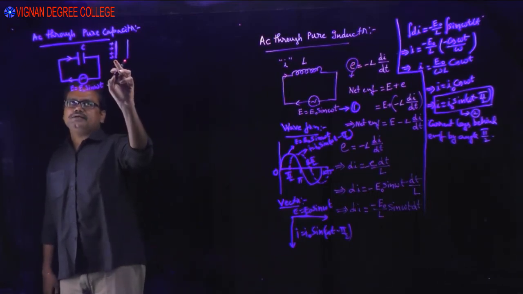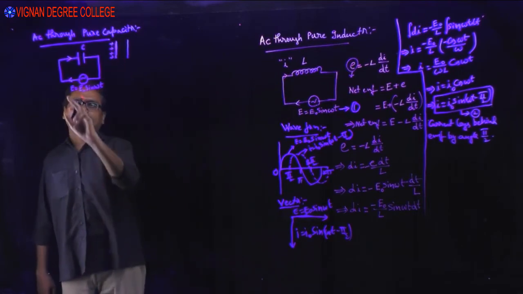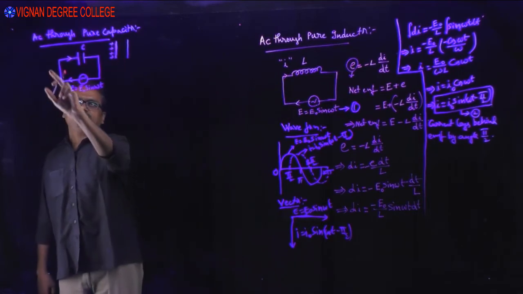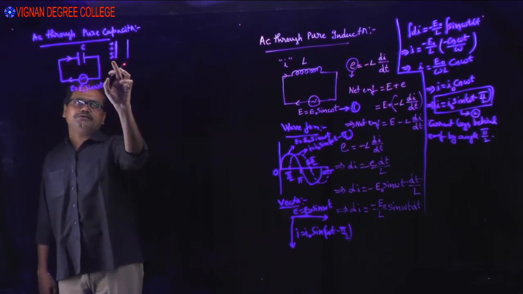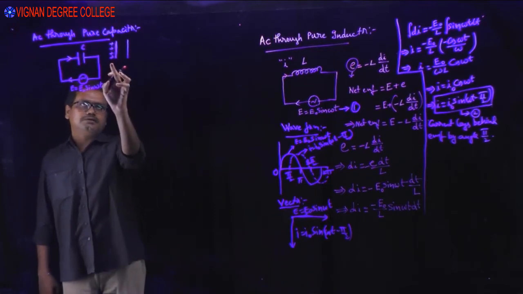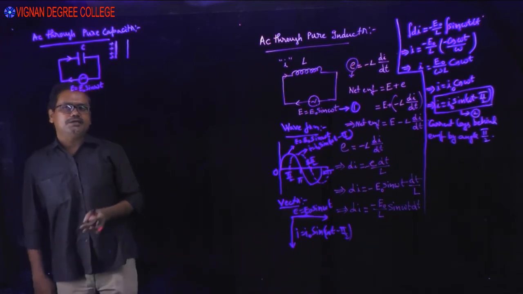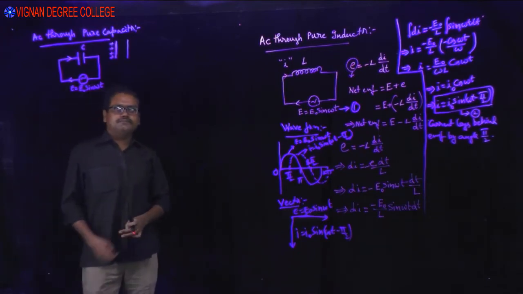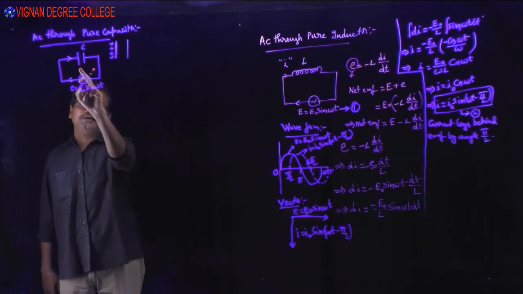When this plate is charged positive, the further accumulation of charge is opposed by this charge, because there exists a force of repulsion between similar charges. That means here also a back EMF is developed.